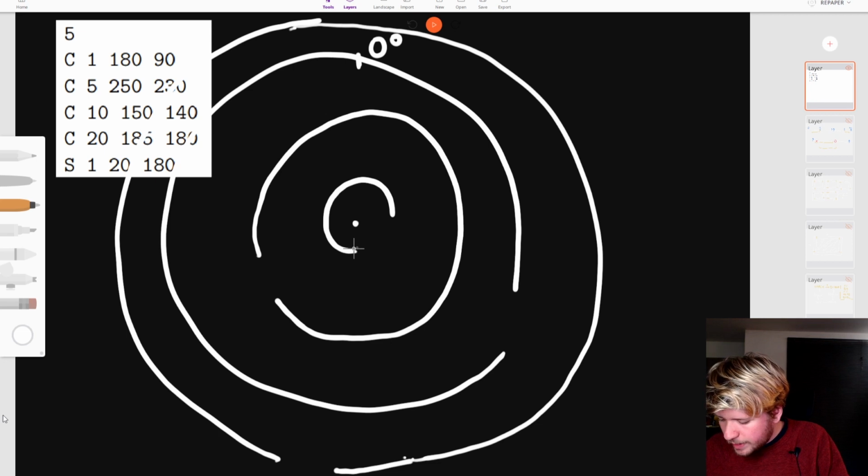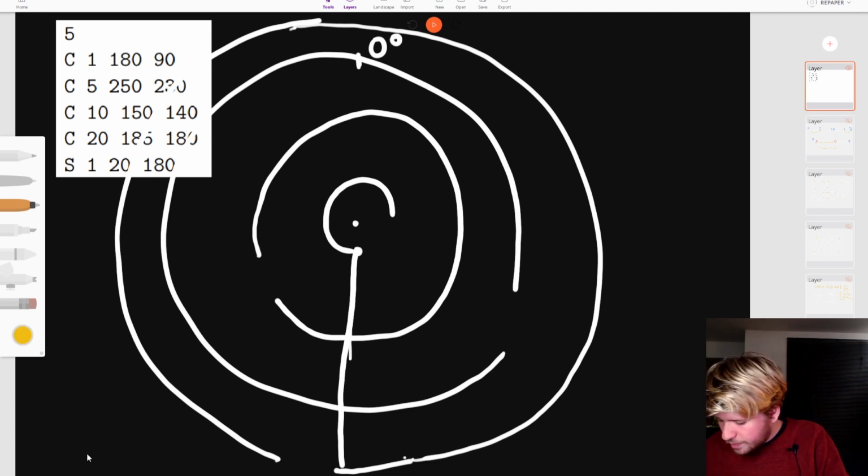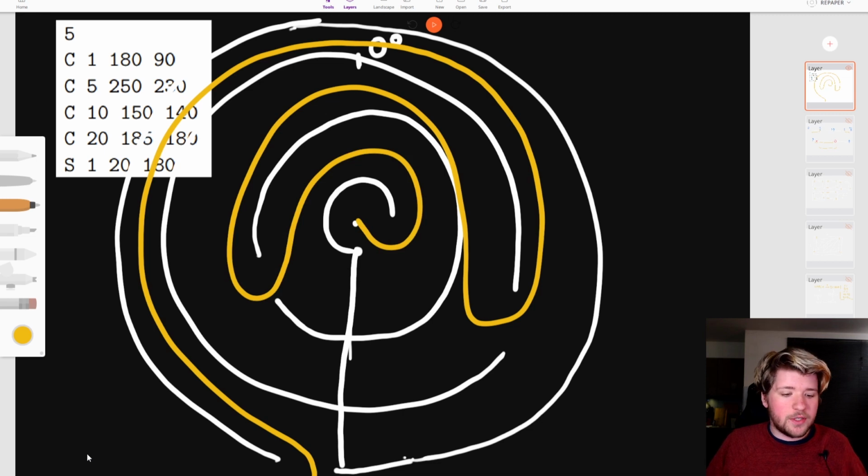So it will be in this direction, and it will go actually from that circle, radius 1, to radius 20 right here. And you can see this actually corresponds to the first maze that we solved in the example. We can draw the path here, and that's the solution. So this one, it's possible to find a path between the outside and the center of the maze.